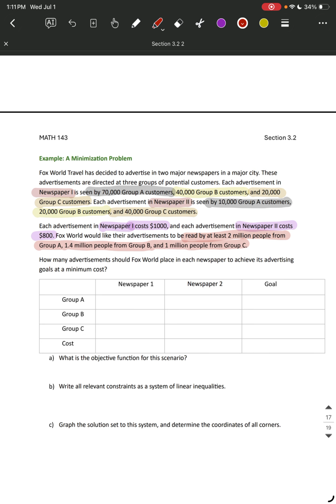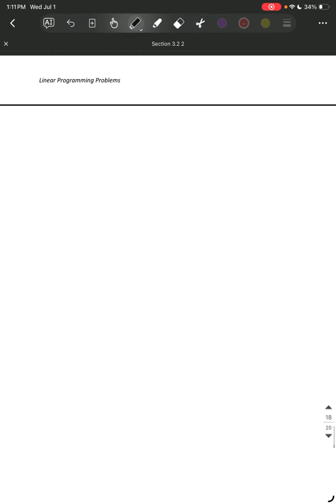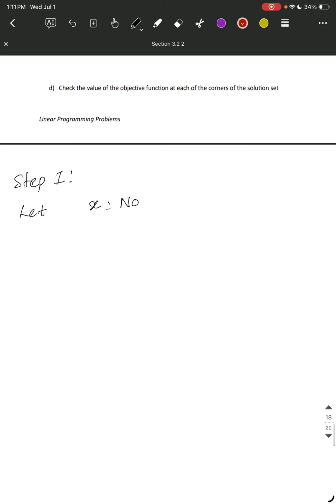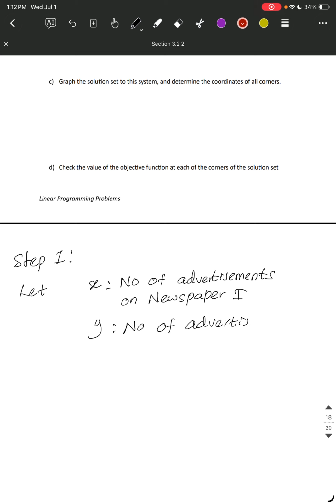Then let's define the variables. Step 1: let X be the number of advertisements in newspaper 1, and Y be the number of advertisements in newspaper 2.